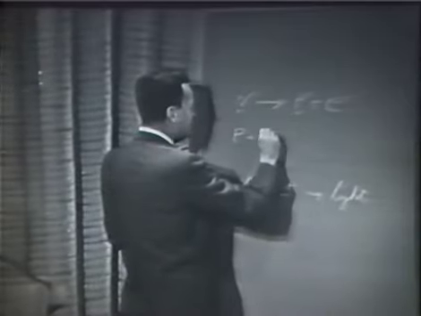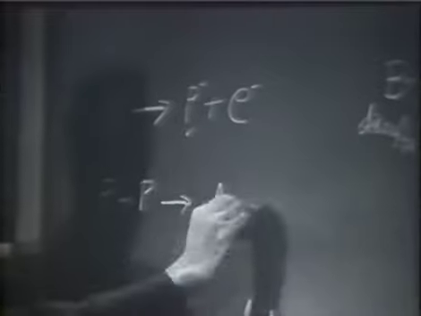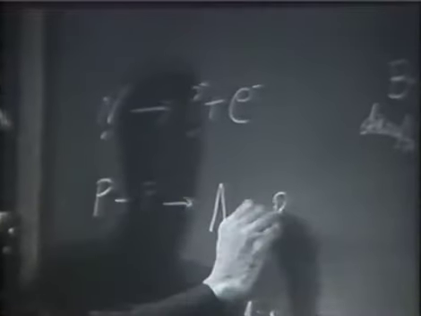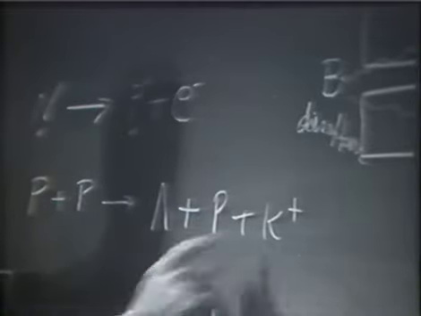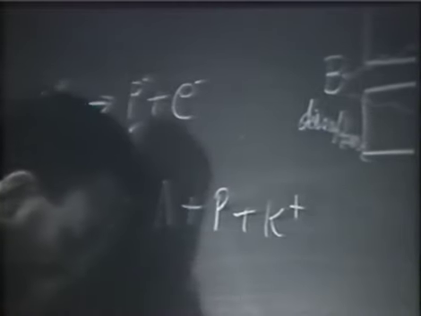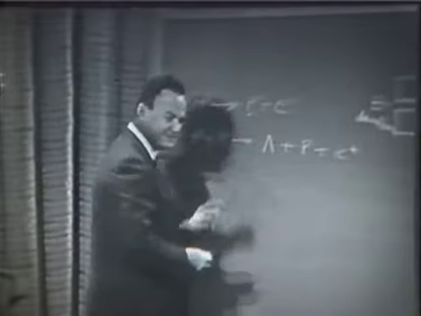It does turn out, however, that there are other reactions in nature. For example, a proton plus a proton can produce a rather great variety of strange objects. A lambda, a proton, and a K plus, for instance, which are names for peculiar particles. Now, you put two baryons in, you see one come out, so possibly one or the other is one.